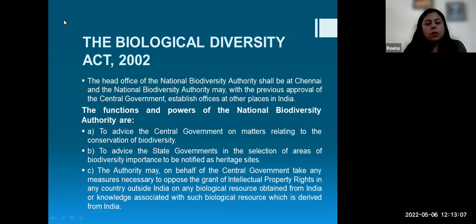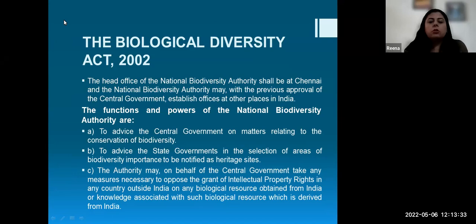It also advises the state governments on selection of areas of biological importance and to notify heritage sites in their area. For example, international Ramsar wetland sites have been identified in our country. Those kinds of recommendations come through the Biological Diversity Act and go to the National Biodiversity Authority.